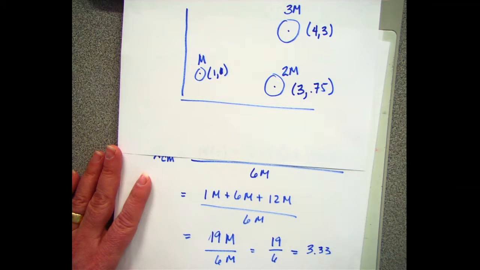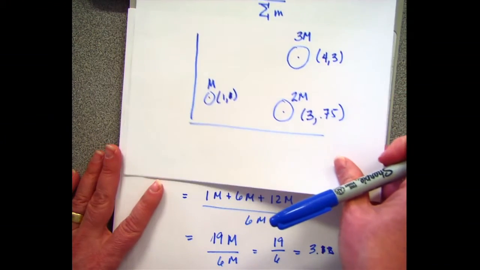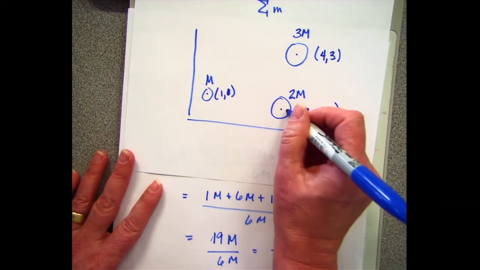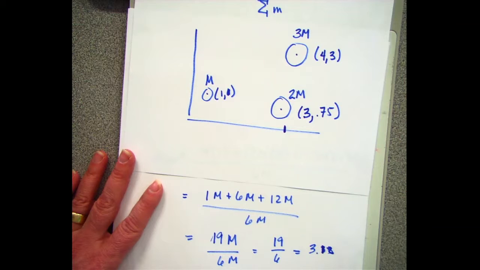That's where the x location was going to be. So it's going to be a little over here along this line, somewhere in between these 2 big masses.